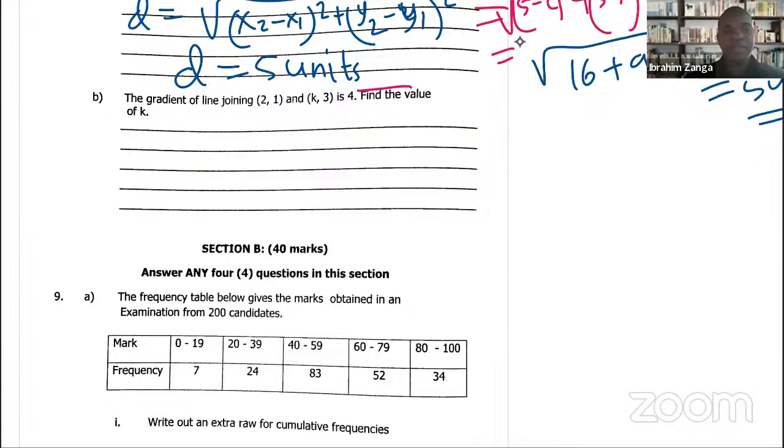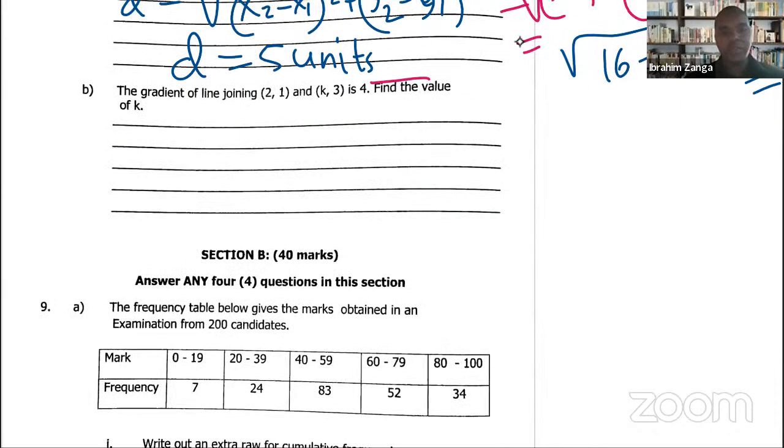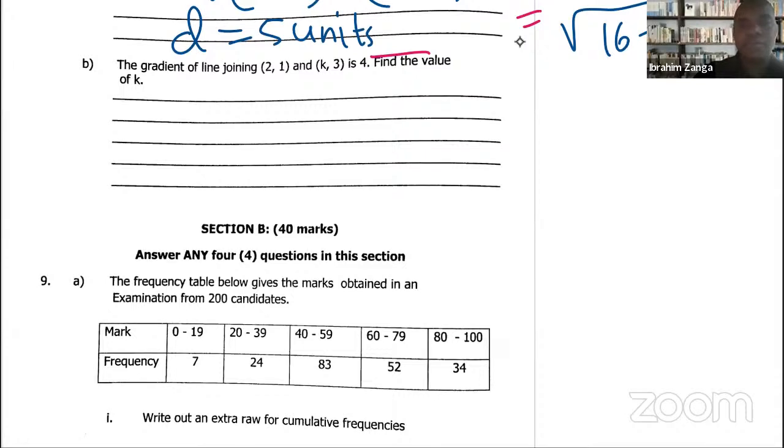The next one, the gradient of a line joining 2, 1 and k, 3 is 4. Find the value of k. So we know that the gradient is change in y over change in x.